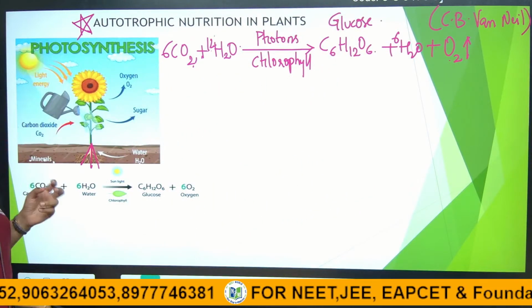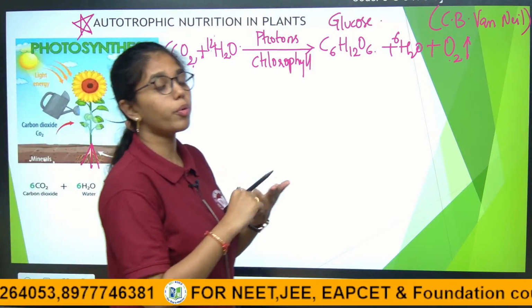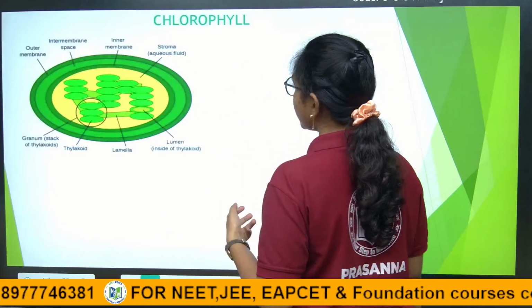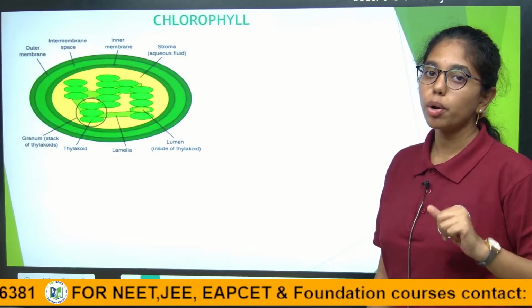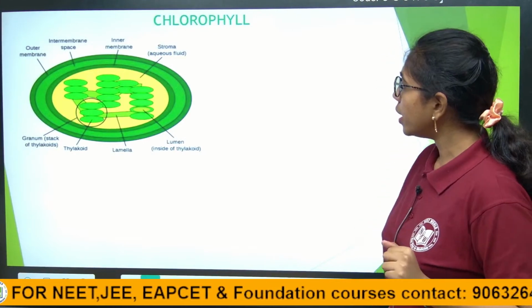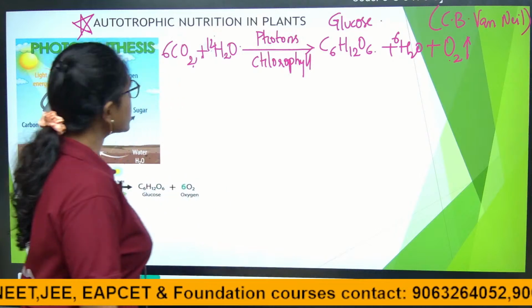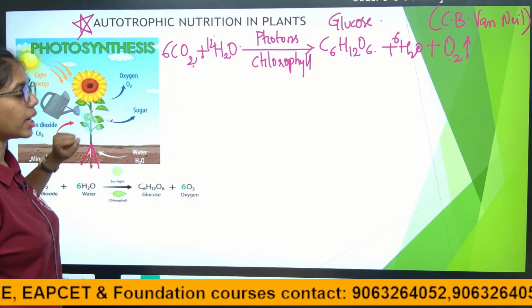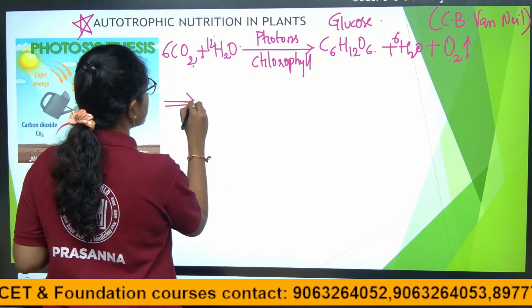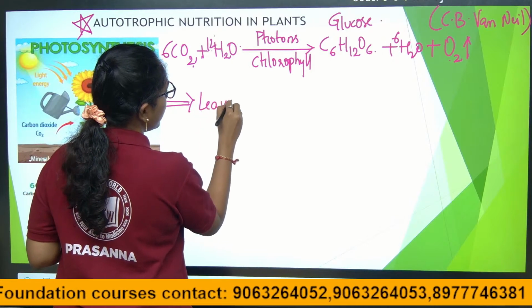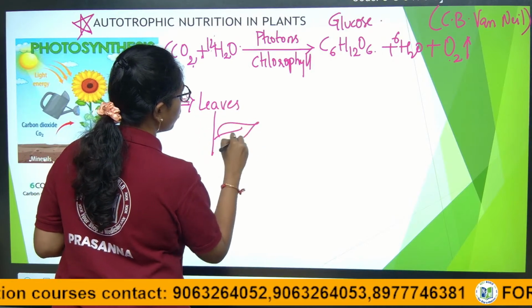Photosynthesis is of two types. Two processes will take place that you will understand once you look into the chloroplast structure. Which organ is conducting photosynthesis? Leaves. Leaves will conduct photosynthesis.